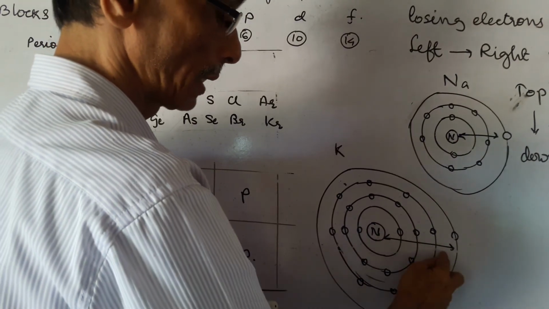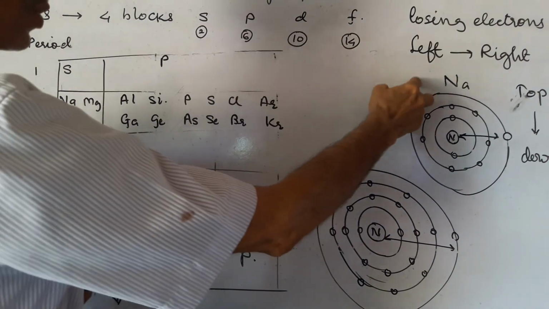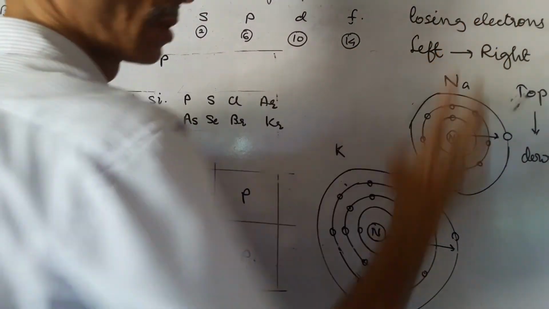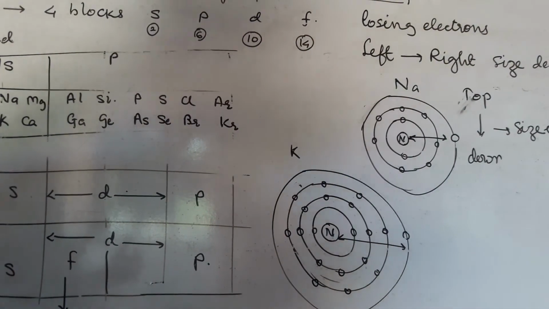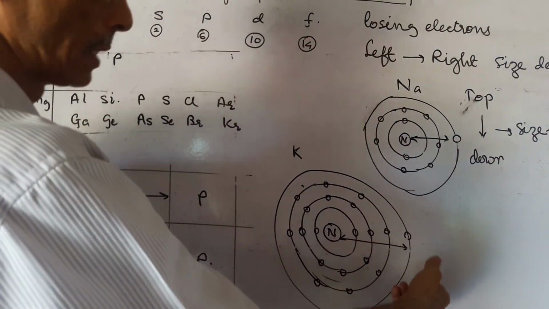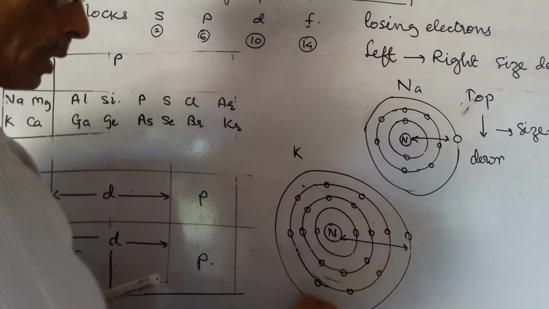So potassium can lose electrons easily, and that's why we know that potassium is a stronger metal than sodium, because the metallic property depends on losing electrons, and non-metallic property on gaining electrons. So potassium can lose electrons more easily than sodium, and therefore potassium is stronger than sodium.